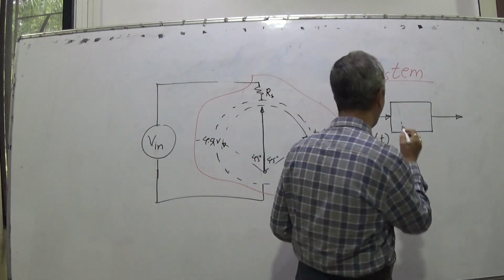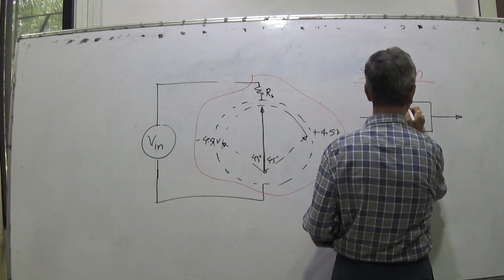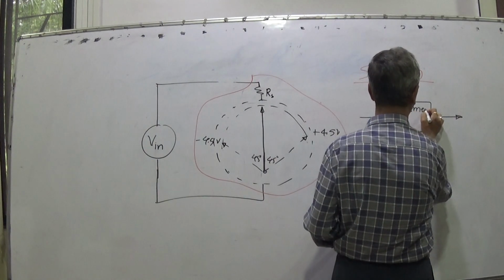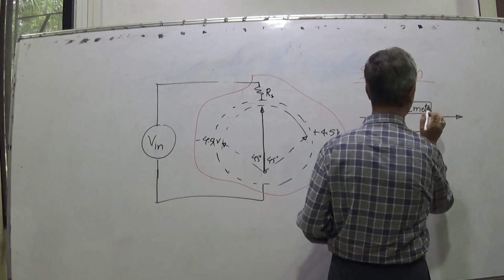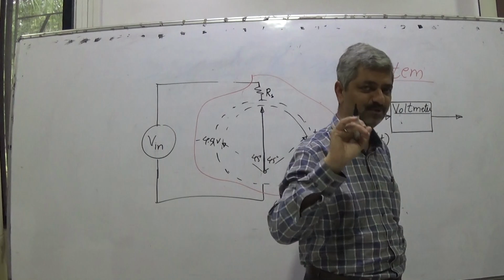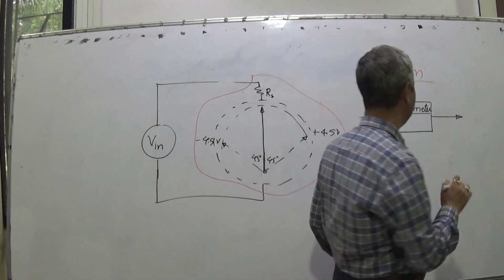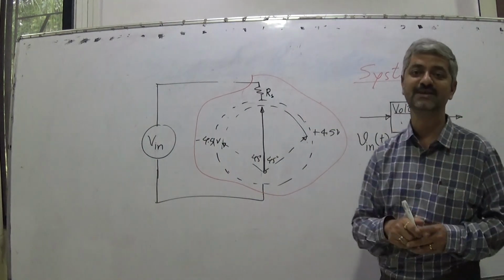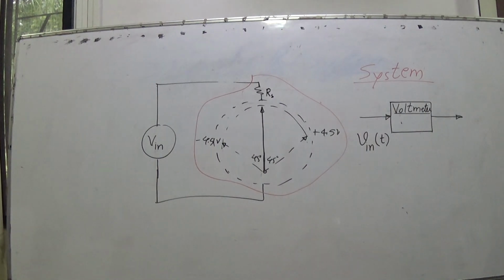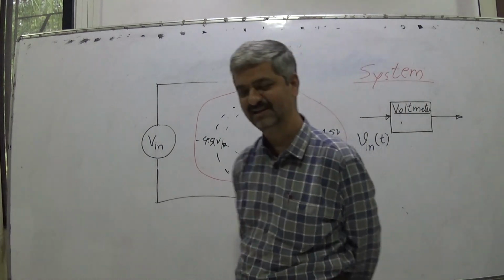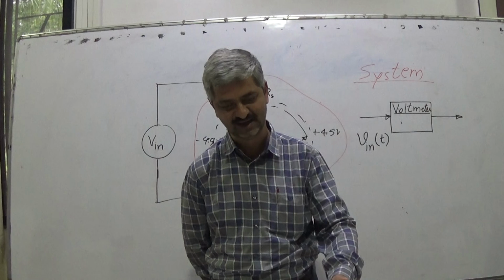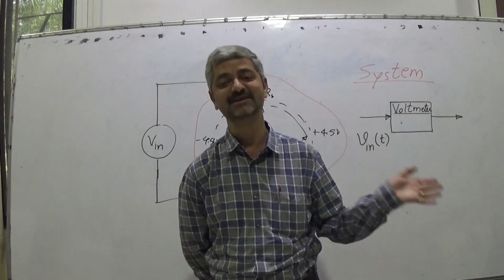So this is a voltmeter. The system is a voltmeter. So for the voltmeter, the input signal is V in(t). And what is the output signal? What is the output signal for the voltmeter? One will say the voltage which it gives, the reading of the voltmeter is voltage. No, that would again be a wrong way of explaining, even though what he is saying is not completely false, it is a wrong way to represent.